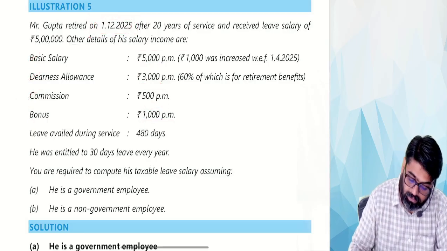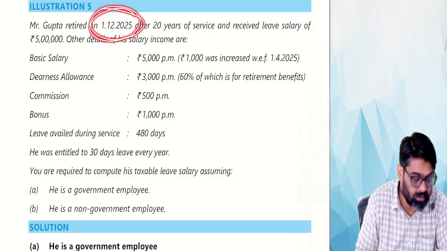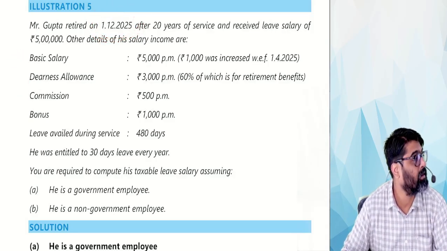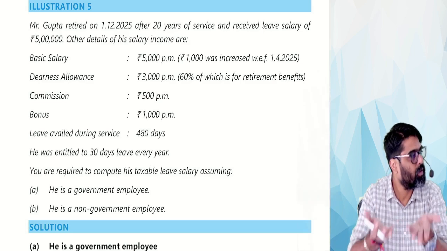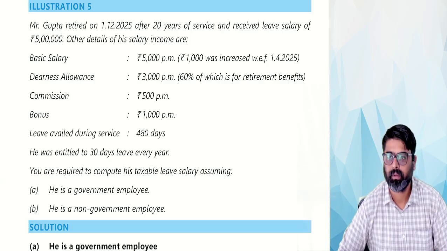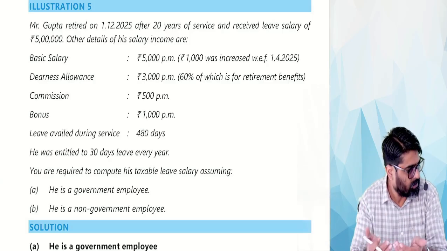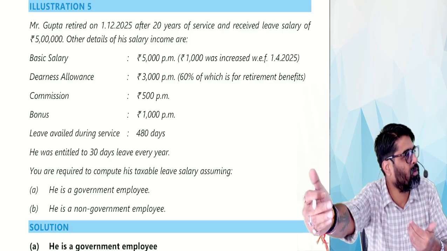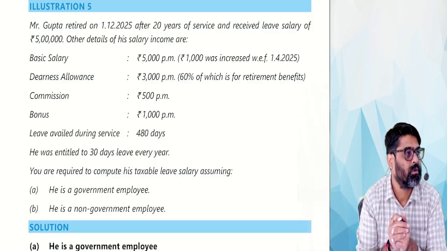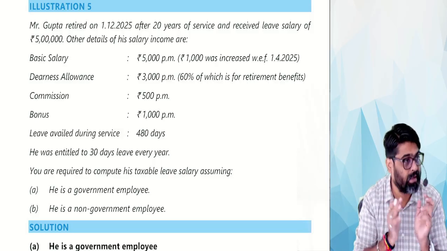Now at the time of retirement, these amounts are given. Before retirement, he was drawing a basic salary of how much? 5,000. After retirement, he is not going to get these amounts. He was drawing these amounts at the time when he retired.